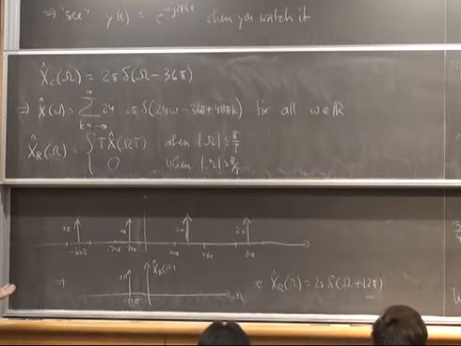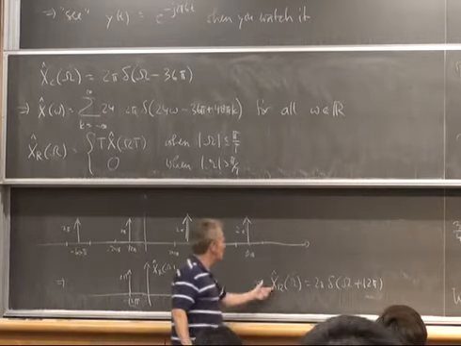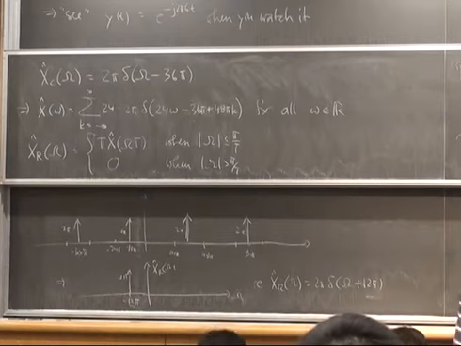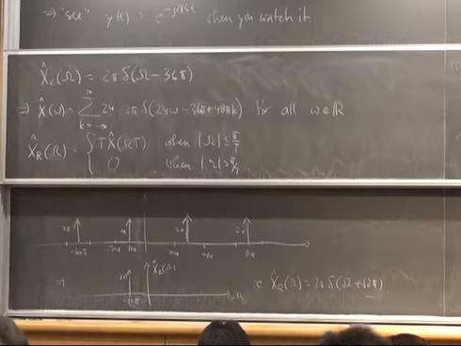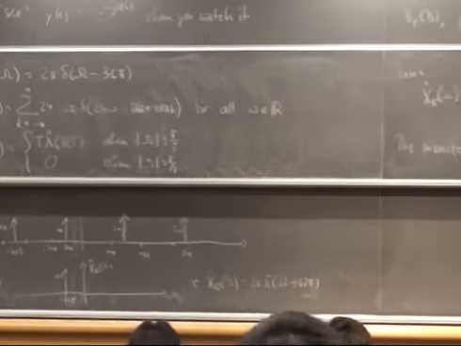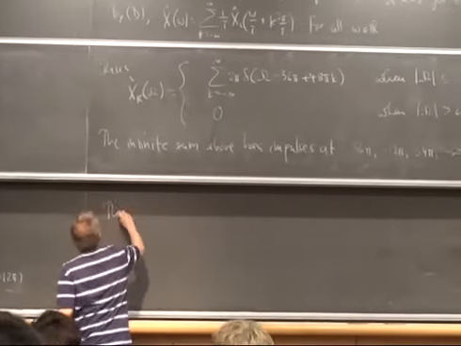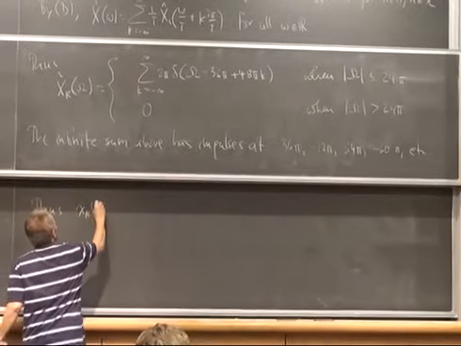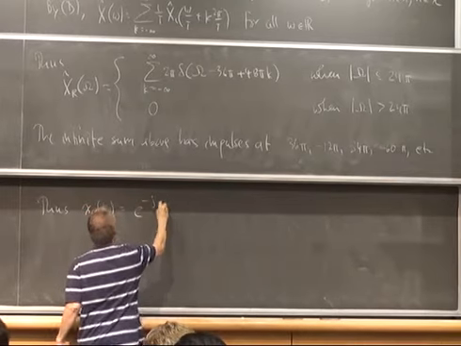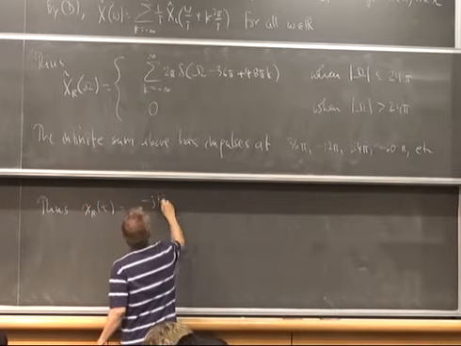And so what's X R of t? X R of t is just the inverse Fourier transform of that. X R of t is equal to e to the minus j 12 pi t.